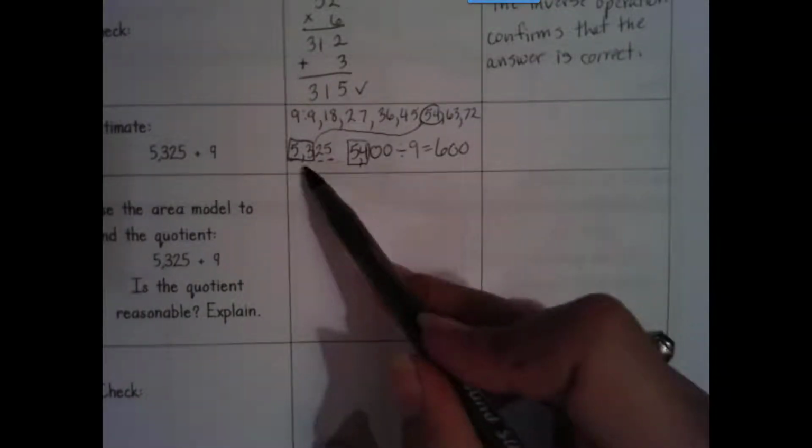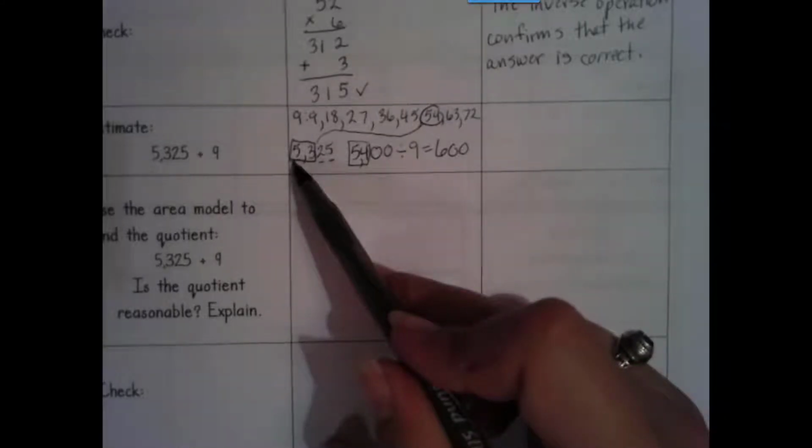So 54 divided by 9 is 6, and then 1, 2 placeholders moves it over 1, 2 places. So our estimate is 600. Now this went up from 5,325 to 5,400. That means this is a high estimate. The actual answer will be less than 600, but should be close.